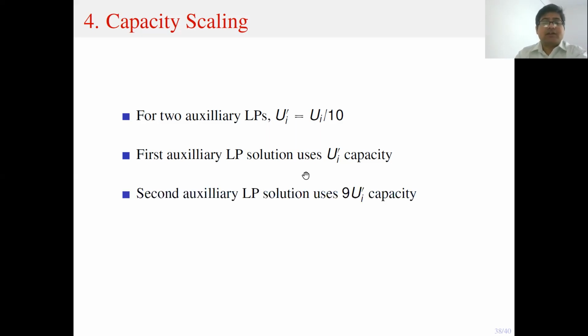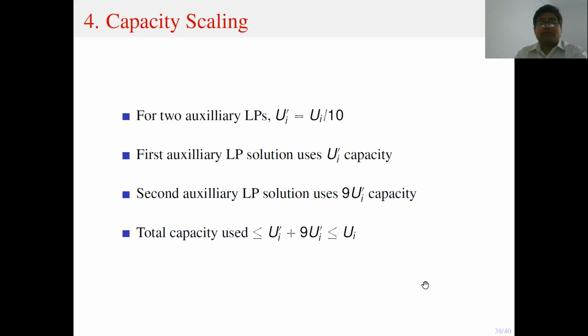And in the second LP solution, we violate the capacity by at most a 9-factor. So in total, I use at most 10 times U_i prime capacity, which is at most U_i, and hence we do not violate the capacity. So we obtain a constant approximation with only 5 expansion factor.